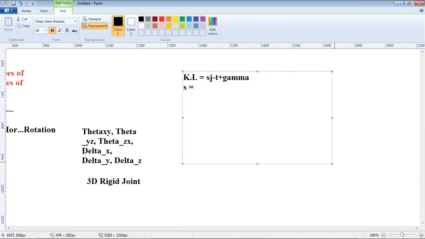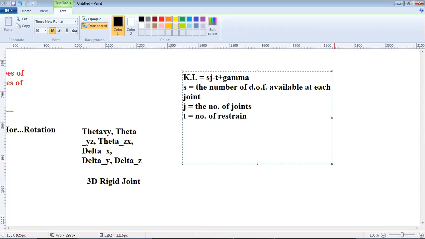S is the number of degrees of freedom available at each joint. J is the number of joints, T is the number of restraints or reactions. Gamma is the number of releases.